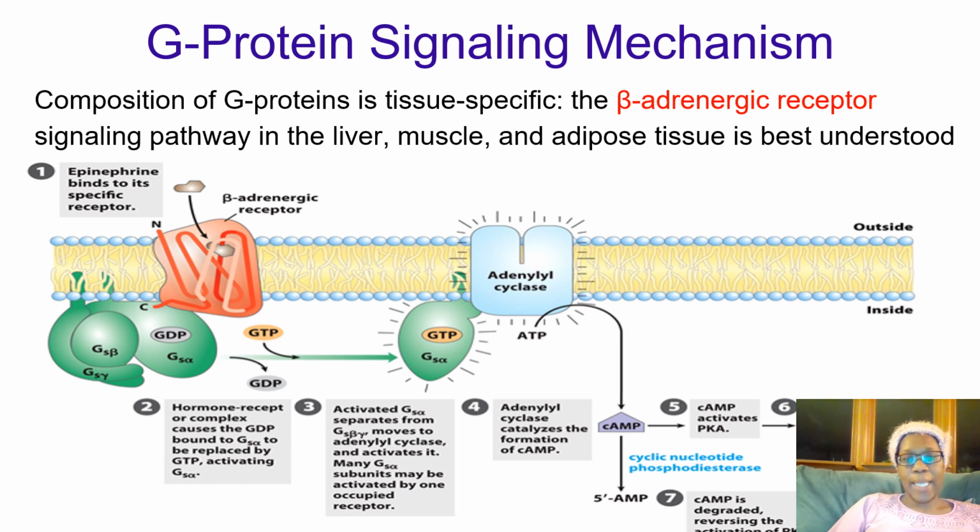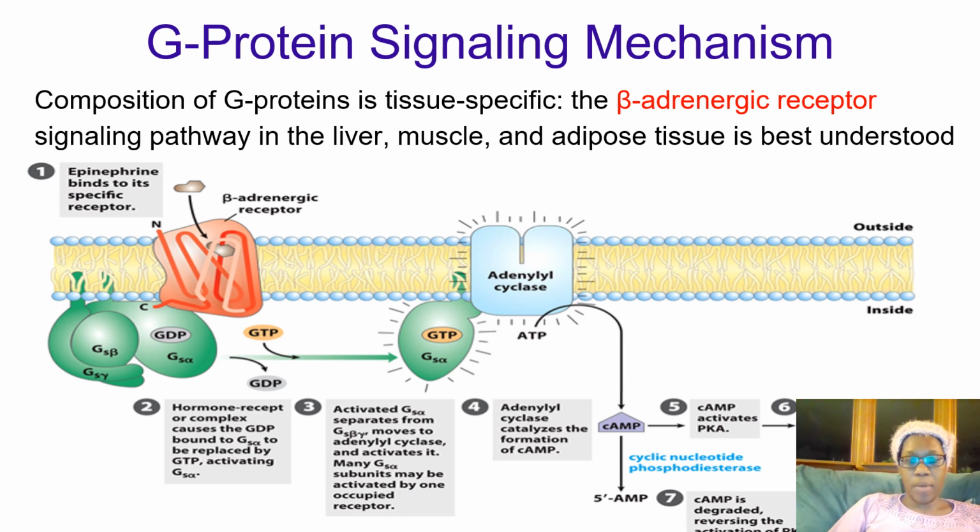Protein kinase A is activated, and it does what kinases do. Kinases phosphorylate other things. So it phosphorylates in step 6 many other proteins. When it phosphorylates other proteins, it turns them on or activates them.